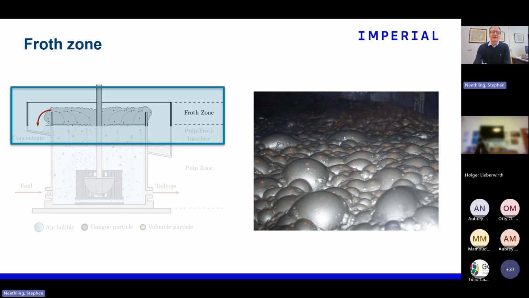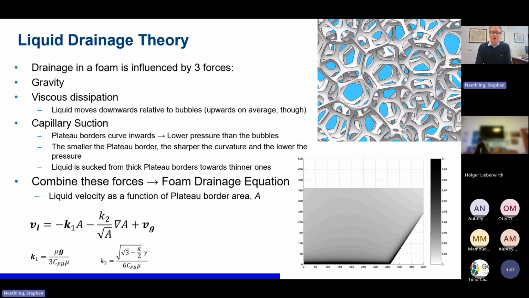And I suppose what differentiates us from a lot of modeling that is done for minerals processing is our default way of trying to understand these systems is to look at mechanistic models.